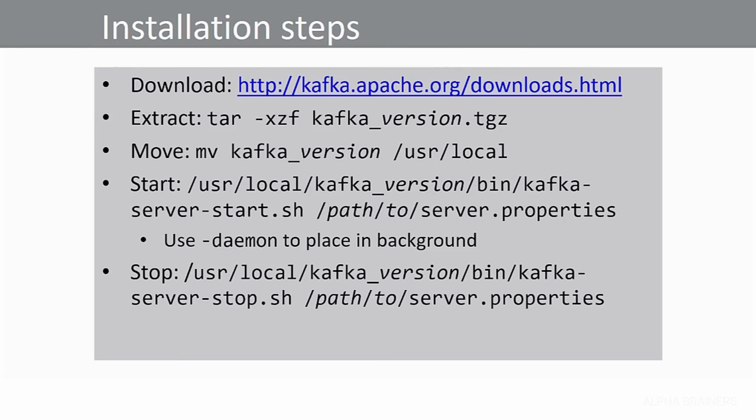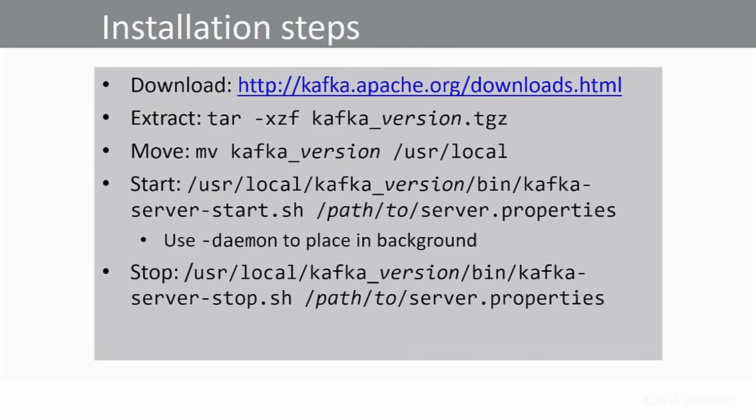And again, there's a path to the properties because you could have more than one Kafka server up and running at a time. In fact, we'll demonstrate that a little bit later on. I'll actually start up multiple Kafka servers on one system. So for it to figure out which Kafka server you want to stop, you need to specify the properties file. That properties file gives information about which server that you want to stop. And each Kafka server will have its own property file, as I'll demonstrate later on as well.